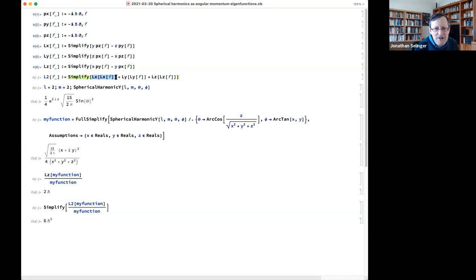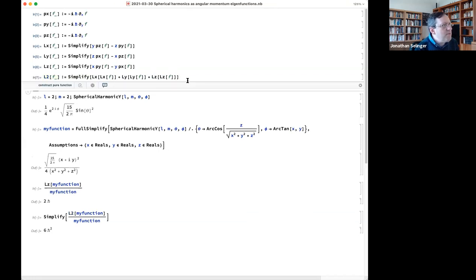Likewise for Ly and Lz. Then I add up those three things. So this is the L squared operator.